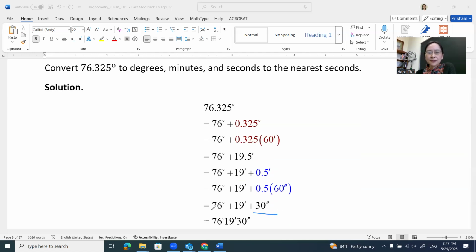So finally, we have this original decimal degree now has become 76 degrees, 19 minutes, 30 seconds. Yeah, that is how we write it. So you can convert angle into degrees, or you can convert decimal degrees into degrees, minutes, and seconds.